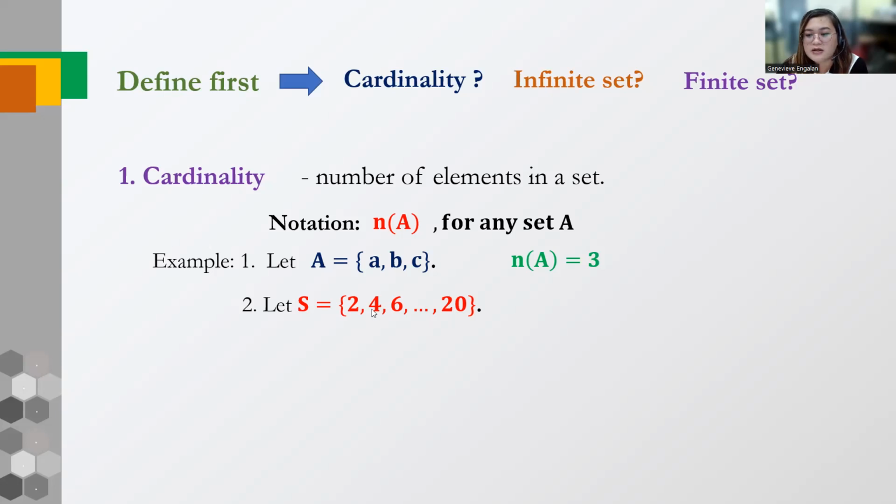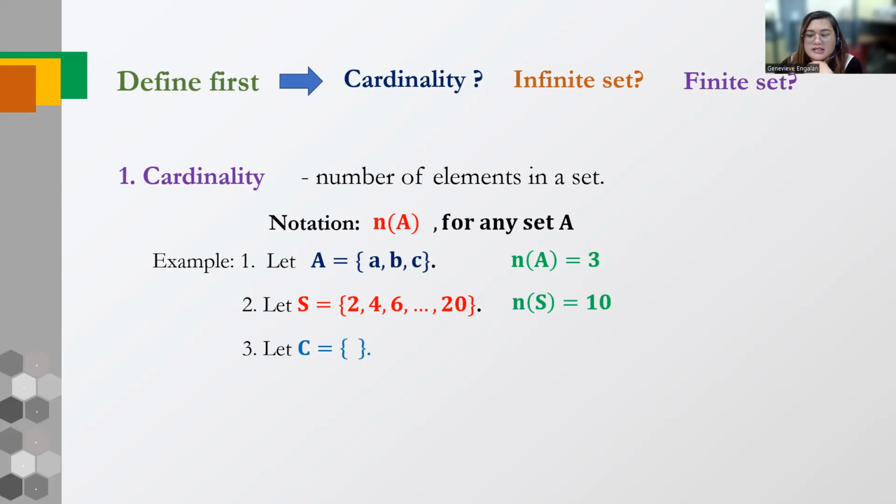So as you can see, the pattern is by 2, no? So you have 2, 4, 6, 8, 10, 12, 14, 16, 18, 20. There are pila ka buok elements sa set. So there are 10. So n of B is equal to 10.